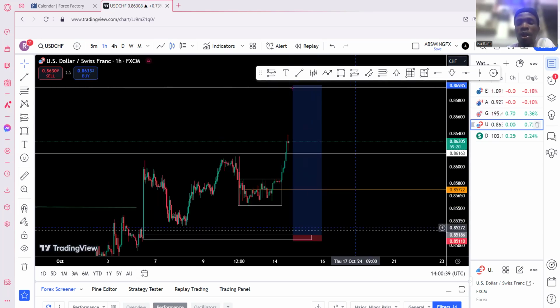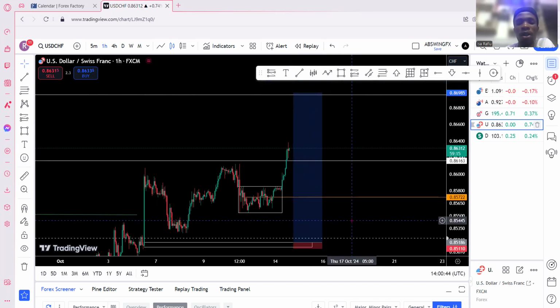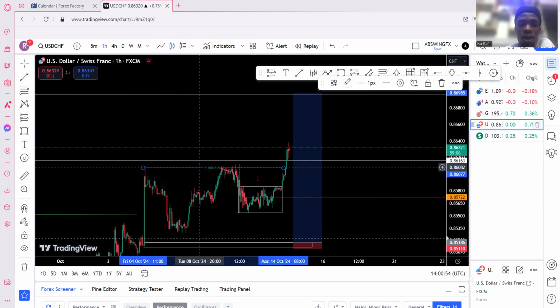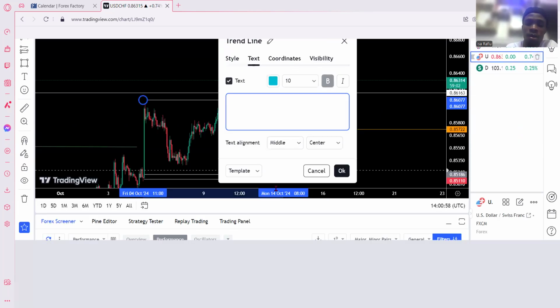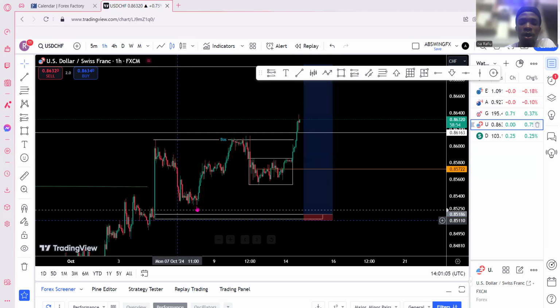From this point, I'll still be looking forward maybe to a reversal right away to this point because we have a new BOS right away from here. We have a new BOS here. Which means now this becomes what?